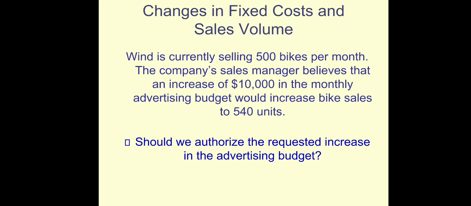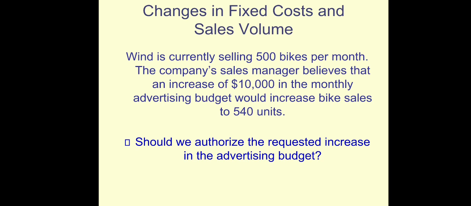So you can use your knowledge about CVP analysis to analyze this suggestion. You can use your knowledge to assess whether it is good to accept the suggestion or good to reject it. So the question asks, should we authorize the requested or suggested increase in the advertising budget?